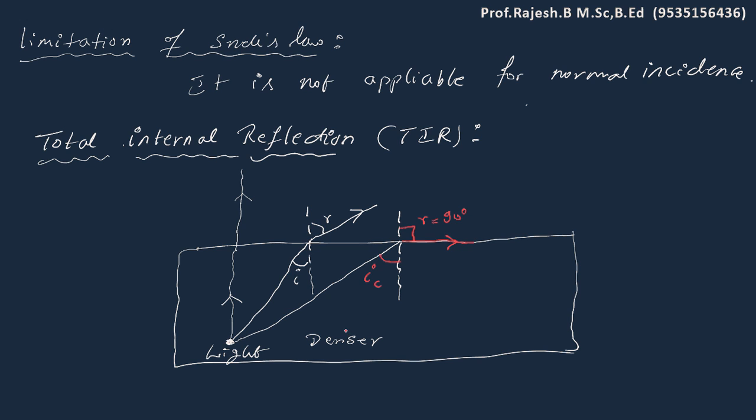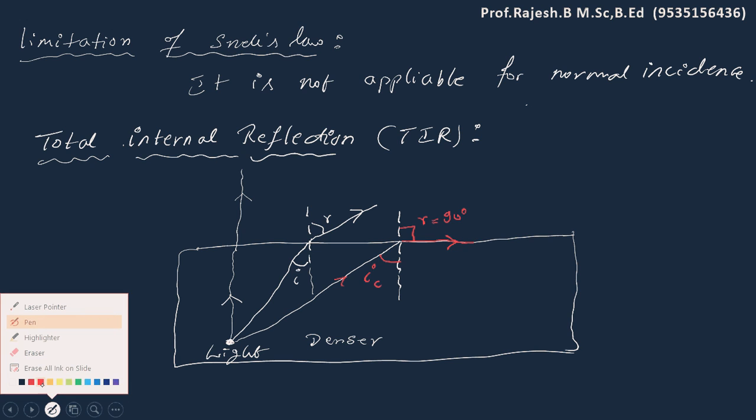So a 1-mark question you get: what is a critical angle? It is the angle of incidence in a denser medium at which the angle of refraction is 90 degrees, or for which the refracted ray grazes over the surface. Understood?